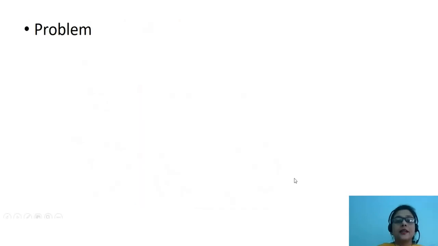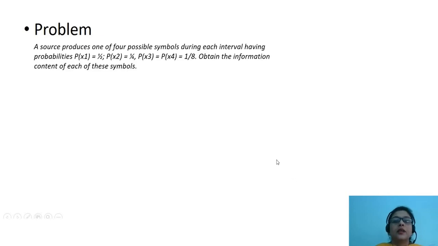So let us understand information content with the help of this problem. It defines that a source produces one of 4 possible symbols during each interval having probabilities px1 equal to 1/2, px2 equal to 1/4, px3 equal to px4 equal to 1/8.